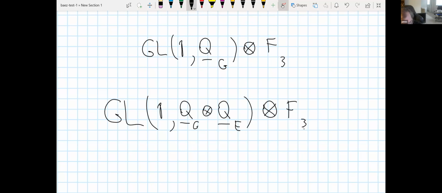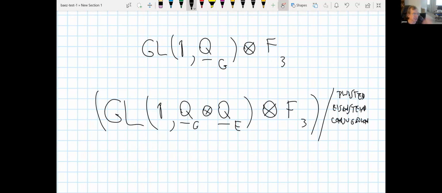And then I think we want to take this thing and mod out by the action of Eisenstein conjugation. Actually, I guess it's twisted Eisenstein conjugation. That means there's a factor of -1 in there.